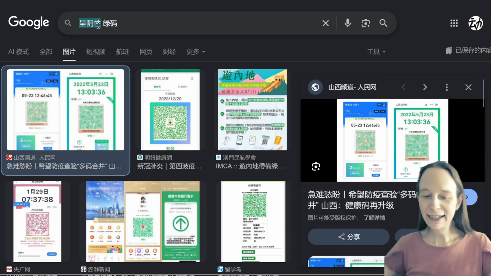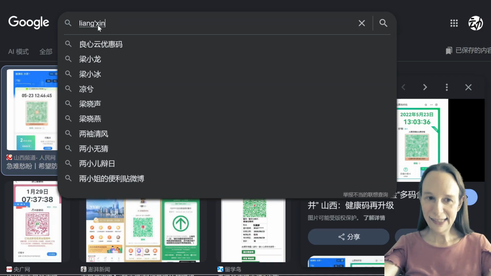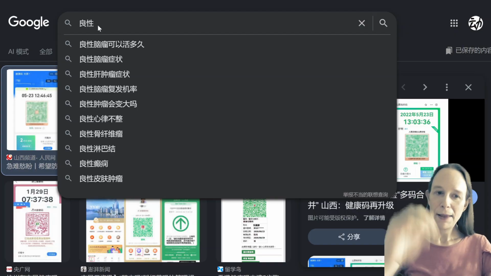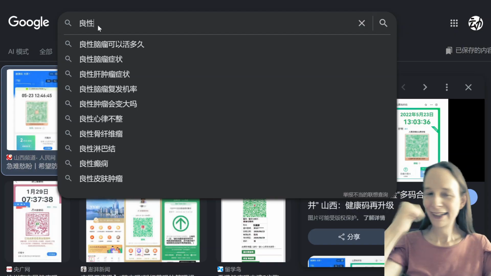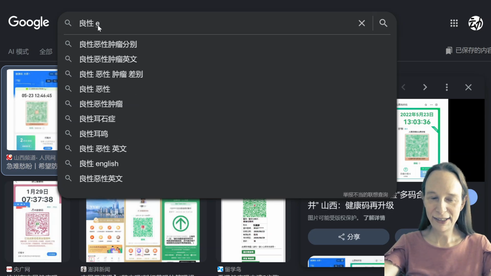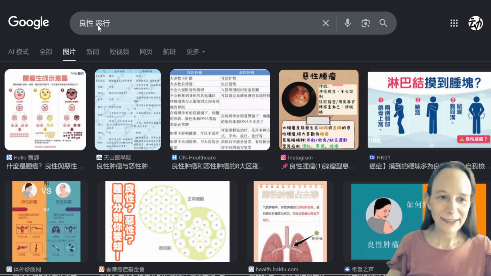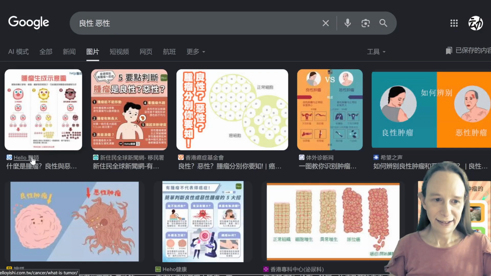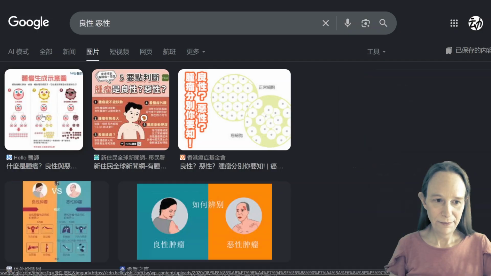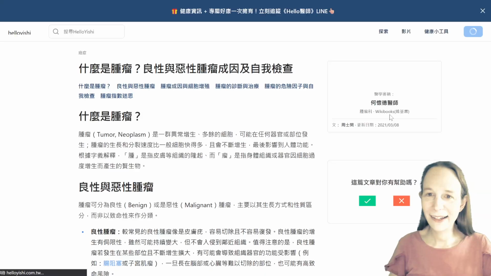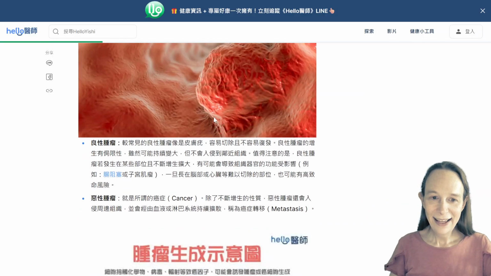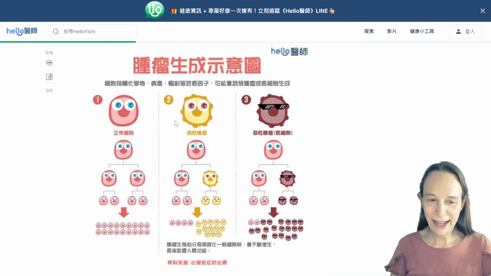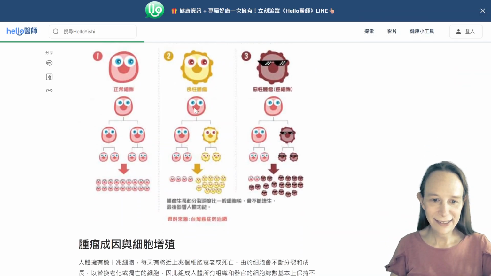Okay, 良性. So 良性 is a thing. This is benign, versus 恶性. Hello, 老师. So there are two types of tumors, right? One is cancerous, one is not cancerous.